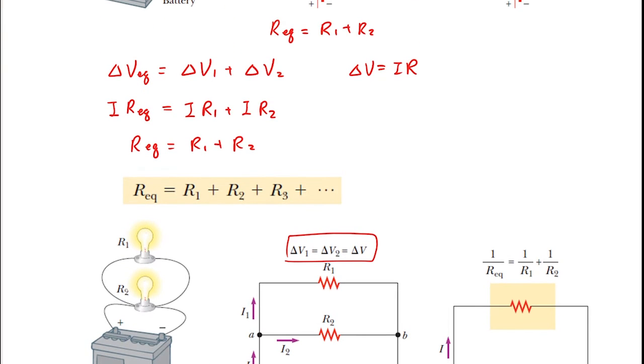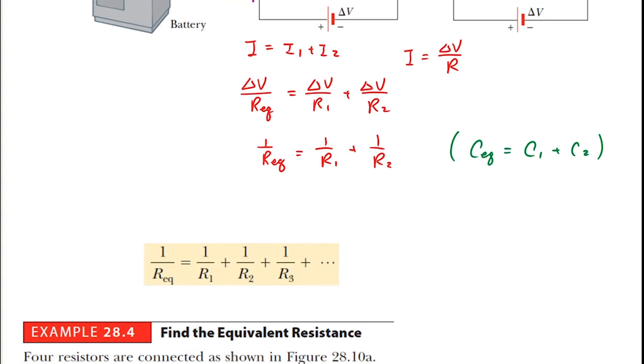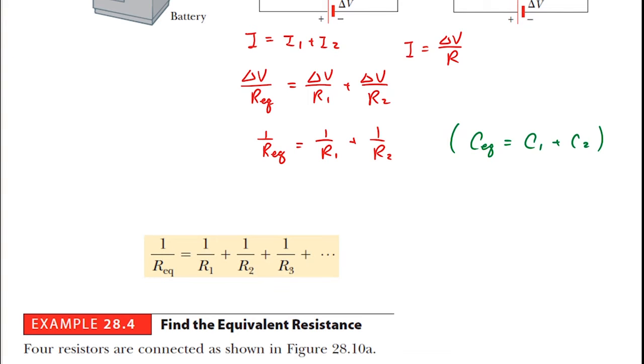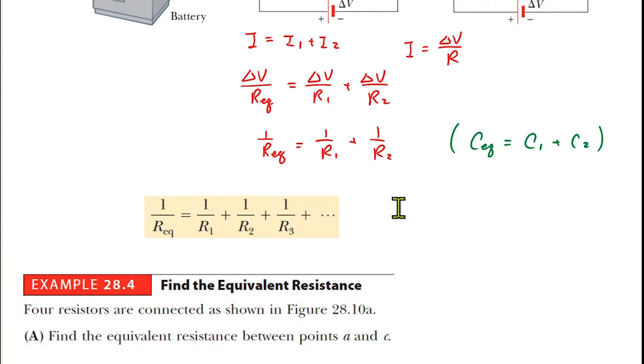And when capacitors were in series, it used to be like that, wasn't it? So resistors and capacitors behave in exactly opposite ways. And this is not just a formula, but that happens through physical reasoning.